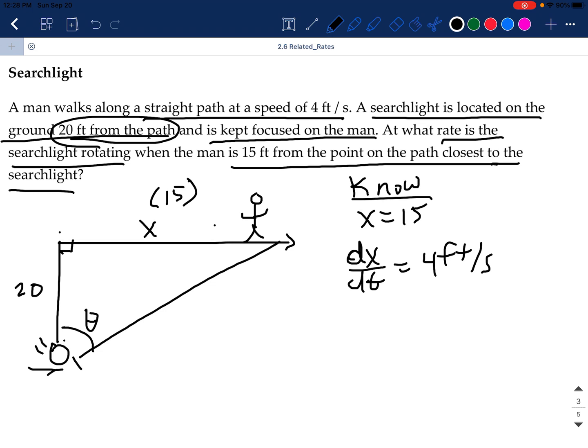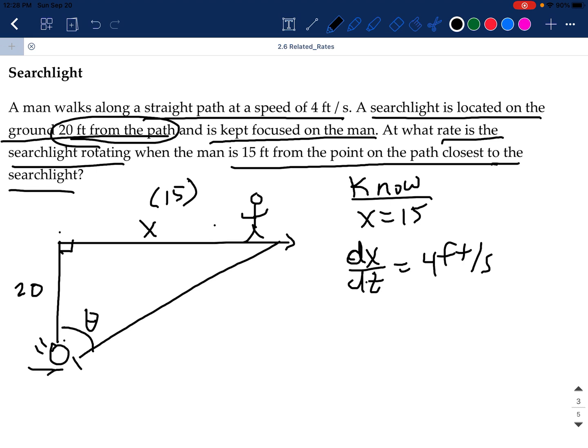You could draw the diagram flipped and have him walking towards the searchlight, and that would slightly change the values in your answer possibly, but you should still end up with the same rate of rotation. Let's note that's not d theta, that's dθ/dt.